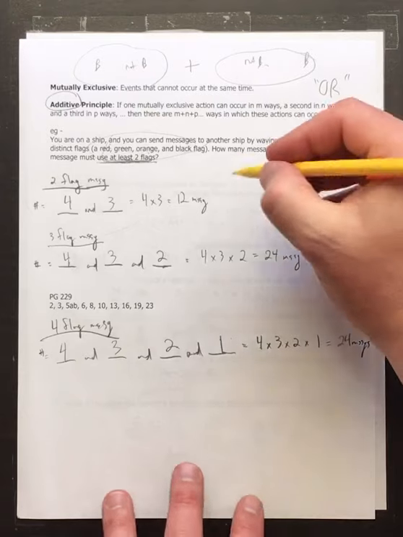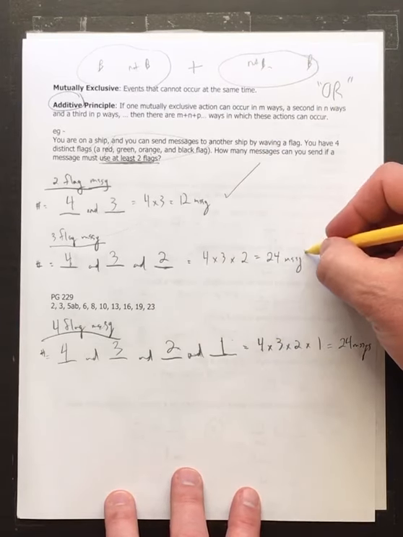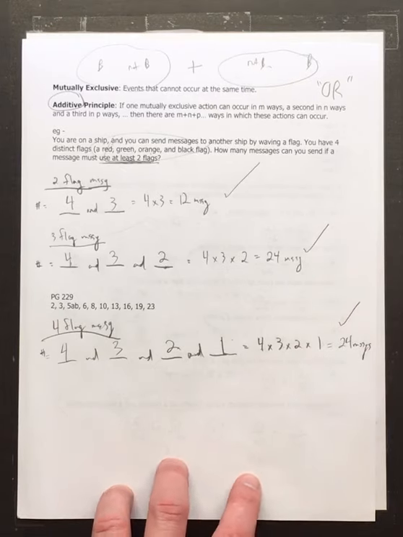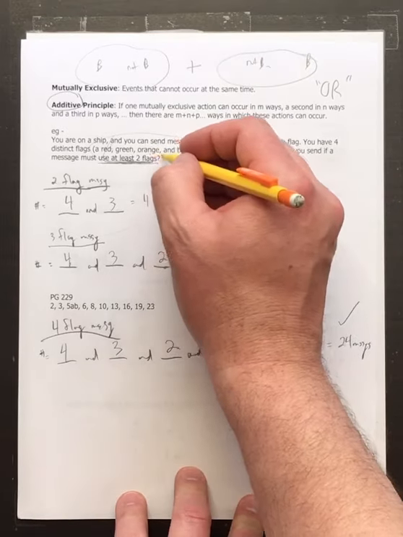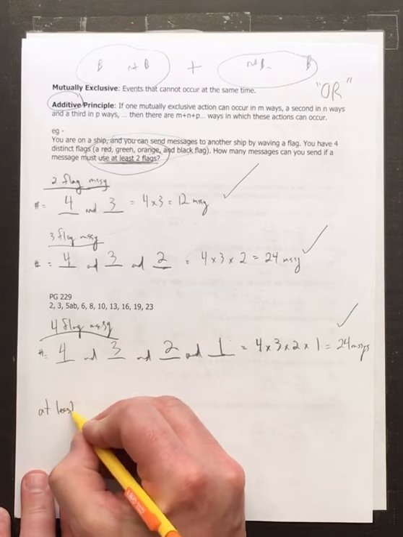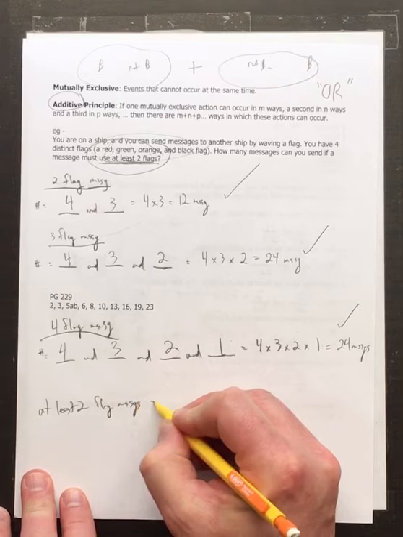Now, 2 flag messages, viable. There's 12 of them. 3 flag messages, viable. There's 24 of those. 4 flag messages, viable. There's 24 of those. So how many messages can we have for at least 2 flags? For at least 2 flag messages, how many messages could we have?